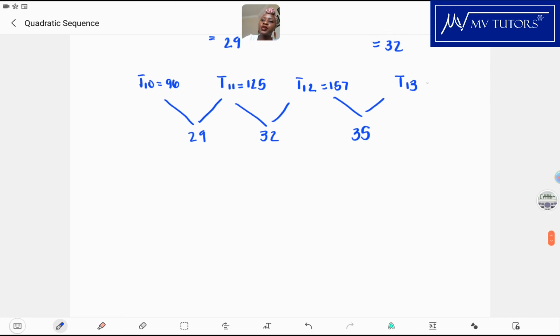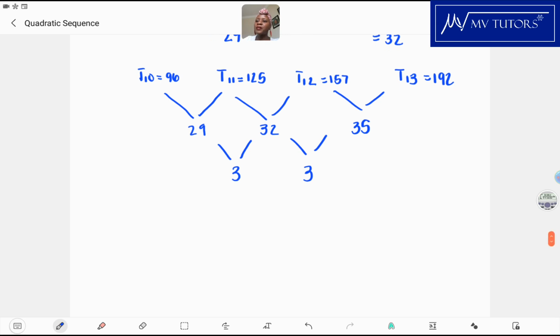So the 13th term is 192. Okay, you didn't really have to do all of this, but I just wanted to see what is happening here. And if I look at the difference between 32 and 29, that is 3. Between 35 and 32, that is 3. So at least I know that my second difference, which is the common difference, is actually 3.